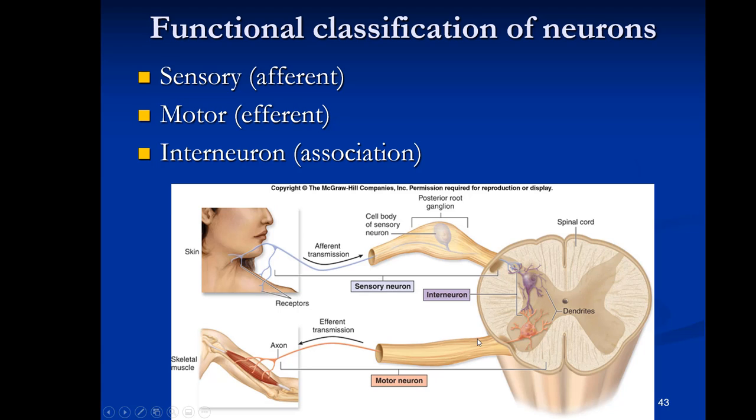So sensory towards the CNS, motor away from the CNS. Sometimes within the CNS, we have neurons that connect the two, and these are called interneurons. It literally means between neurons. They're also known as association neurons. So they're within the CNS, connecting the sensory and motor neurons.